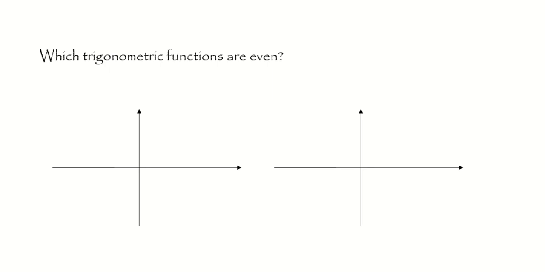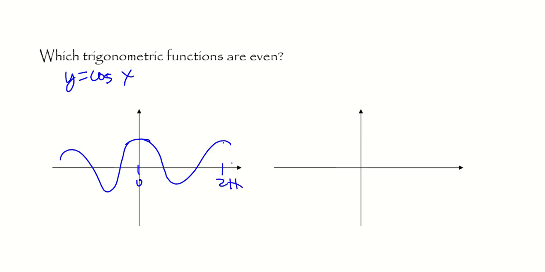So let's talk about which trig functions are even. Let's see. If we look at the graph of y equals the cosine of theta, actually let's make that the cosine of x, we know the graph of the cosine looks like this. This is at 0, this is at 2 pi, this is at negative 2 pi, and it reaches a low at negative pi and at pi.